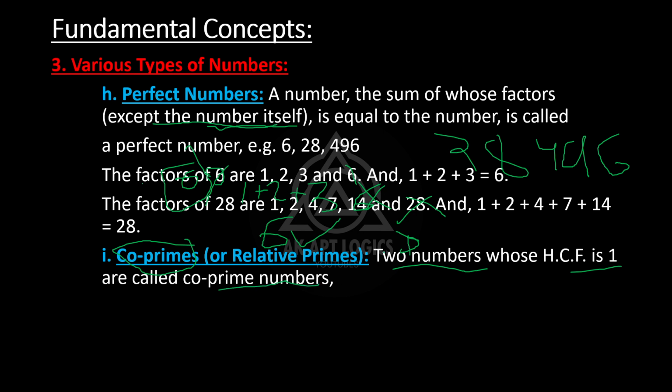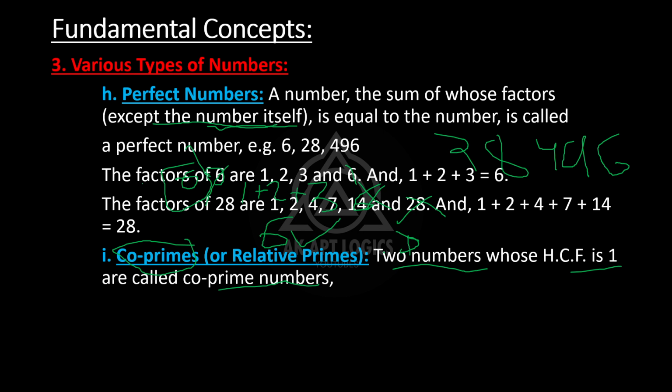It's not two prime numbers, it's two numbers. If we take any two prime numbers, the HCF is always one, because they are divisible only by themselves and one.